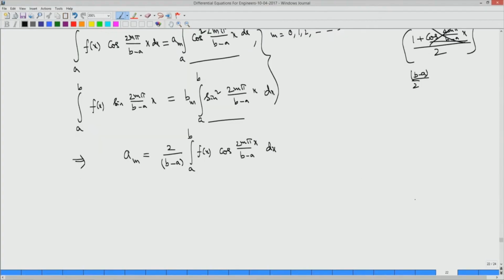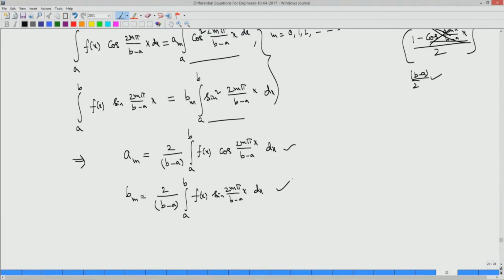This is 1. Okay. And similarly you get bm, again the same thing, instead of plus you have a minus, that is 2 sine square, right. So this again will not contribute when you evaluate. So you get 2 divided by b minus a, integral a to b f(x) sine 2m pi by b minus a into x dx.